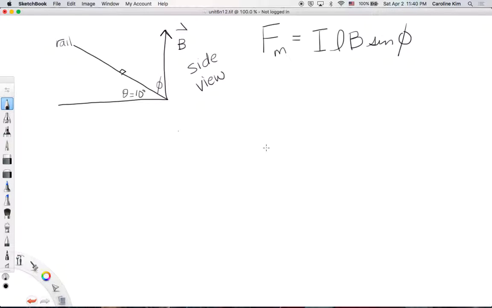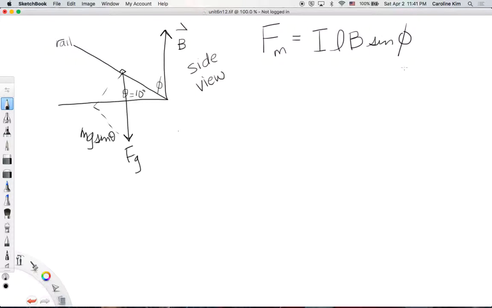And since the rod slides up at constant speed, that means that this force has to equal the component of the force of gravity that goes in that direction. So if we have gravity here, then we can split it up into its components, and then this component will be mg sine theta.